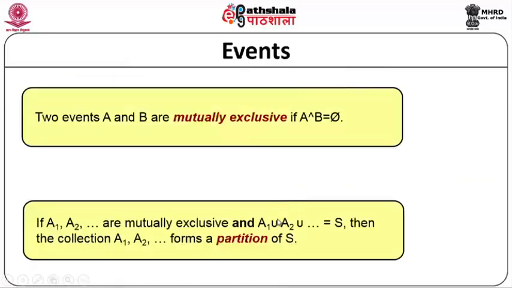Now, we can understand this event from a mathematical perspective. If there are 2 events A and B, then they may exhibit the property of being mutually exclusive. If the events are mutually exclusive and A1 union A2 union A3 till AN makes up the set S, then the collection A1 till AN forms a partition of S. Why this is essential is that whenever we are trying to analyze sample data, the sample data may be considered as a partition of the outcomes.